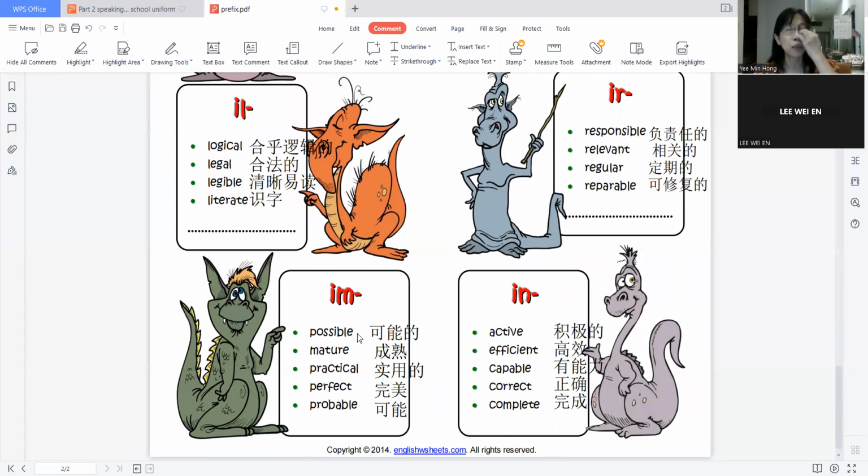Impossible: it is an impossible mission, an impossible task. Immature: he is immature. Even though our task, our project, our presentation looks imperfect, there is something valuable we can see through the whole process. Imperfect means not perfect. Probable is possible, improbable is not possible. IN is different. Can you read this?